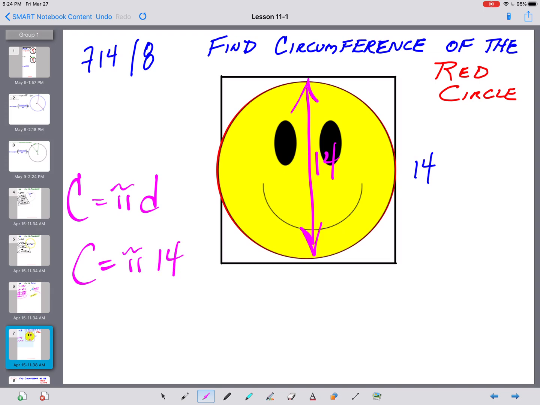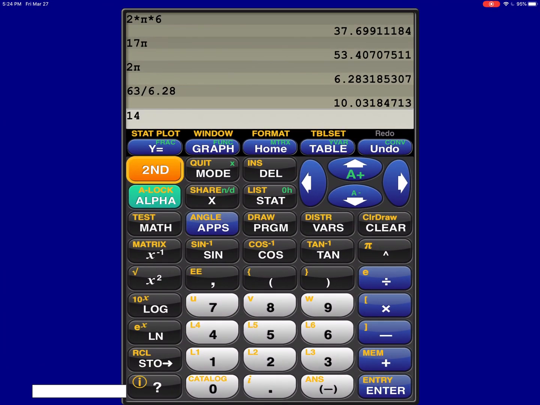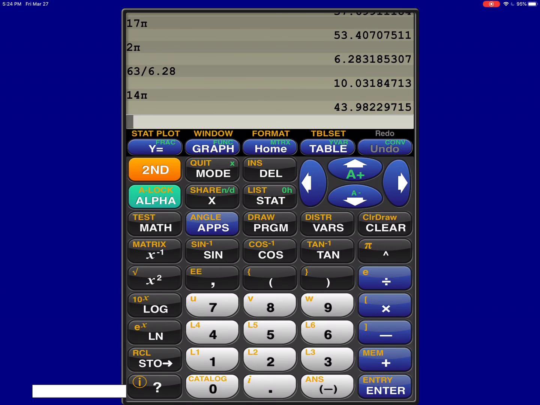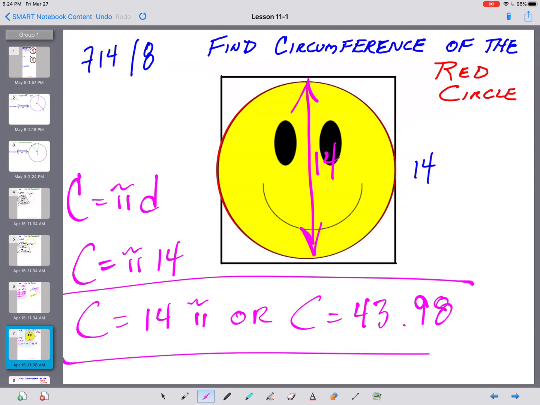Any units? Not on this one. Here's our answer: 14 pi, or let's multiply that. 14 times pi, there we go, 43.98. Again, any units? Not on this one.